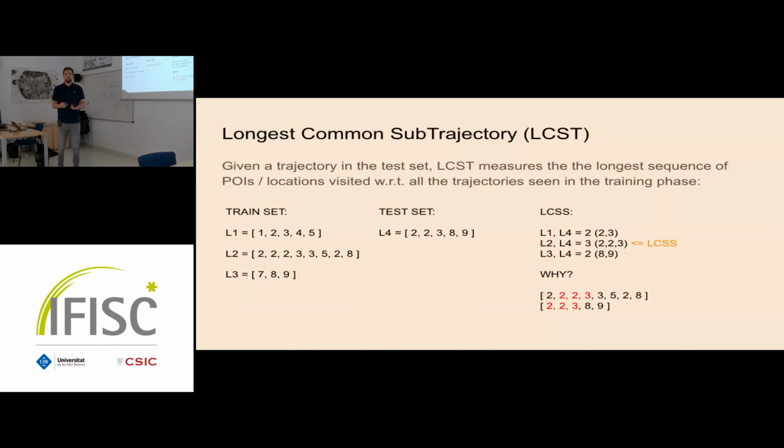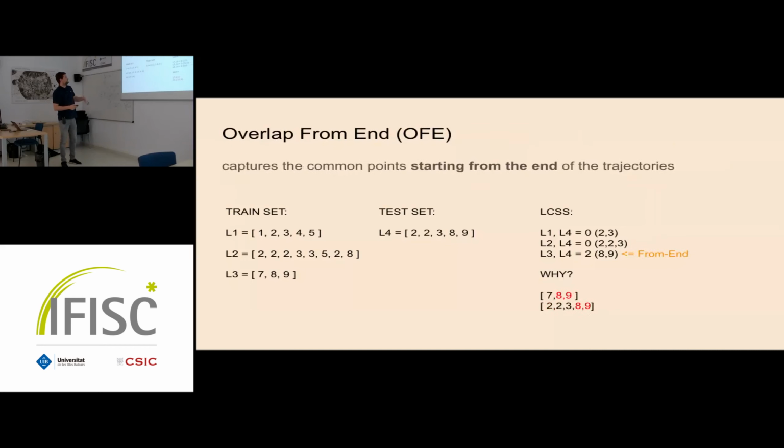And then maybe what you want to understand is whether the deep learning techniques are actually memorizing just the last location that I visit, so basically the importance of having this location here instead of having it at the very first position. So what we have done is also take this overlap from the end, which is basically the longest common subsequence, but forcing it to start from the end.